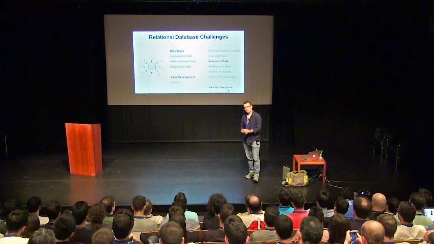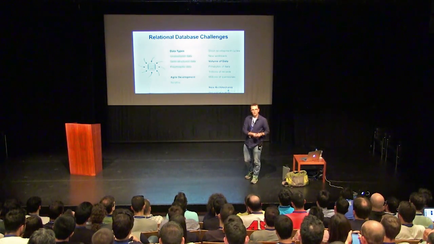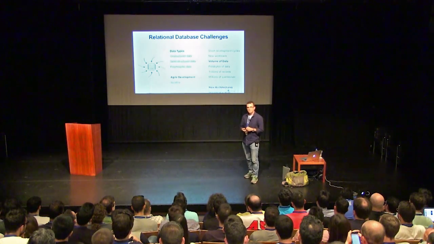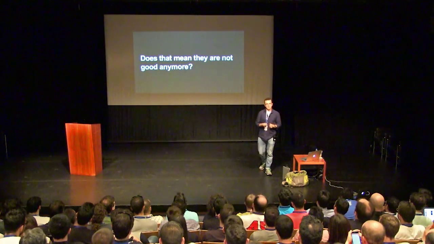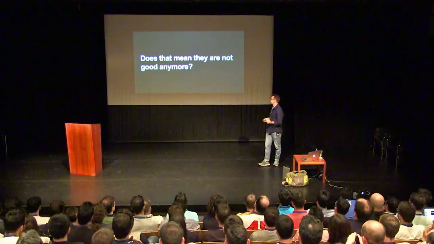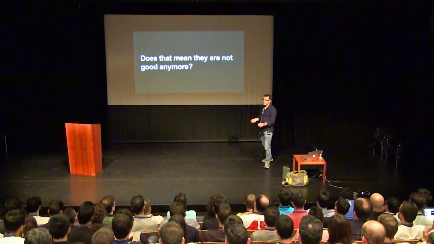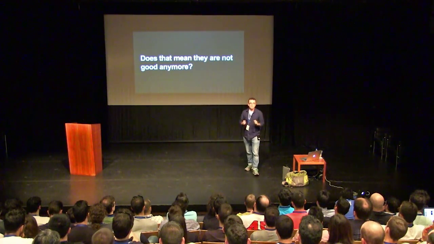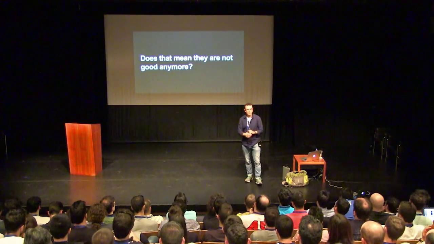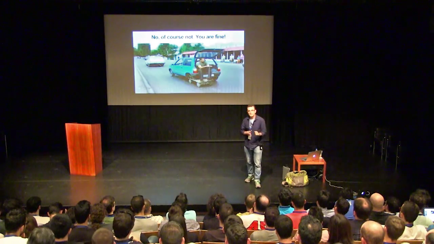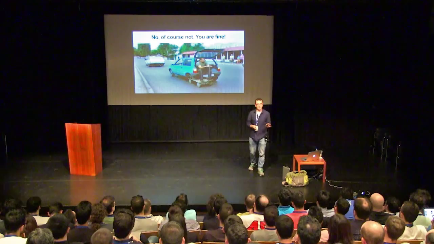So if we have a strict model to handle all of this data, my perception of reality tends to be something like this. Does that mean that we don't need those relational systems anymore? They don't work anymore? Well, yeah, they work.